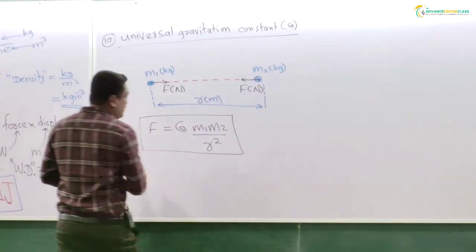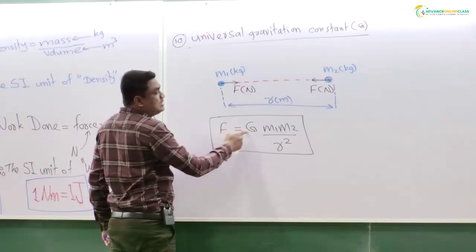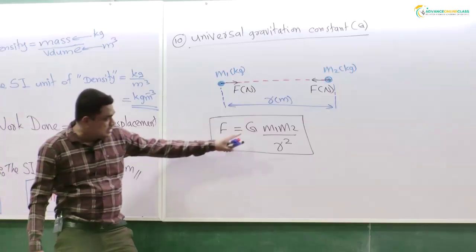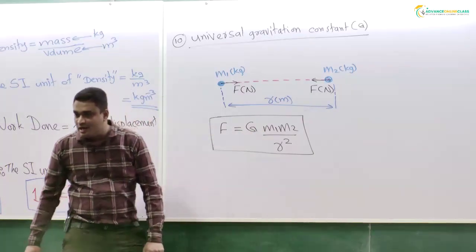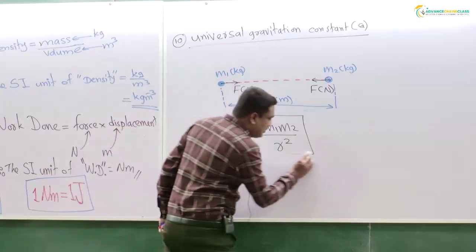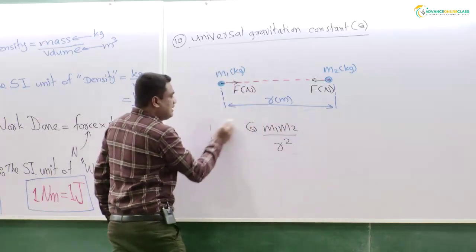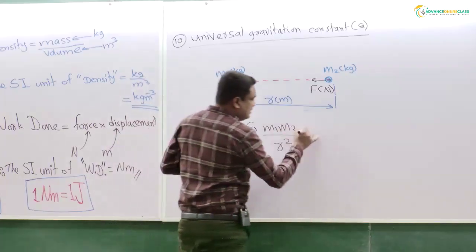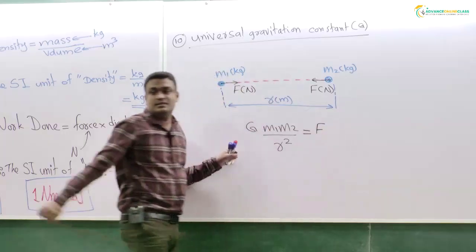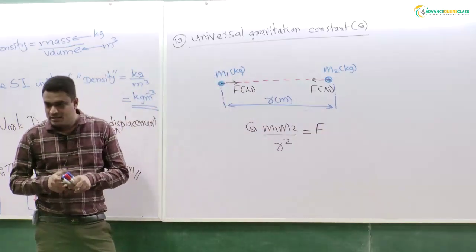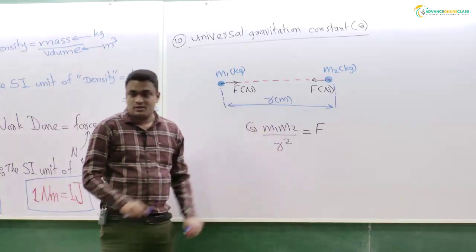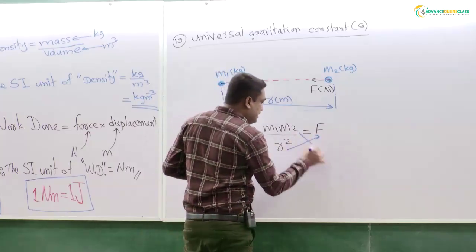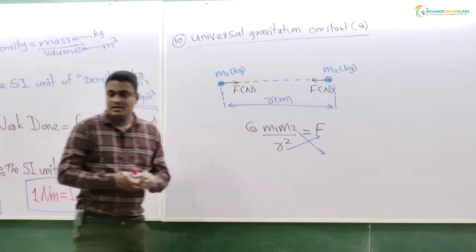Normally, I write the equation in the other way. Instead of writing F equals G m1 m2 over r square, I write G m1 m2 over r square equals F. Then r square goes to this side, and m1 m2 go to the other side.